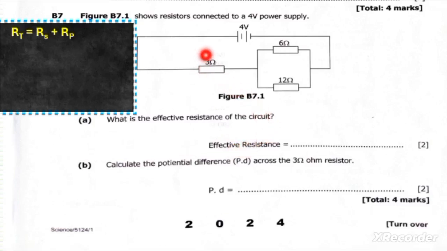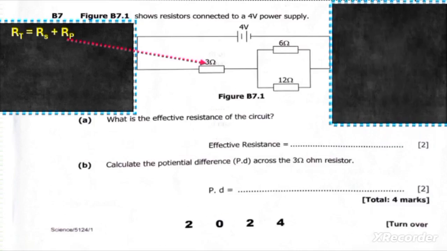We are going to say resistance in the series plus resistance in the parallel. Resistance in series, we have 3 ohms. Let us find the resistance in parallel. To find resistance in parallel, we say resistance 1 times resistance 2 divided by resistance 1 plus resistance 2.